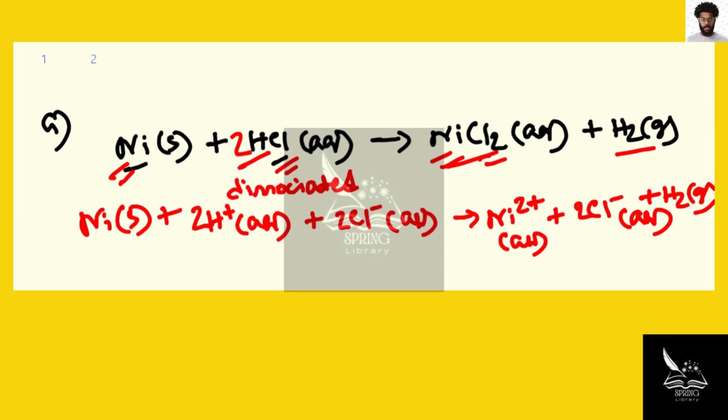Now what we have to do to find the net ionic equation is cut the common ions from both sides, the spectator ions. Here you can see that chlorine is the common ion on both sides.